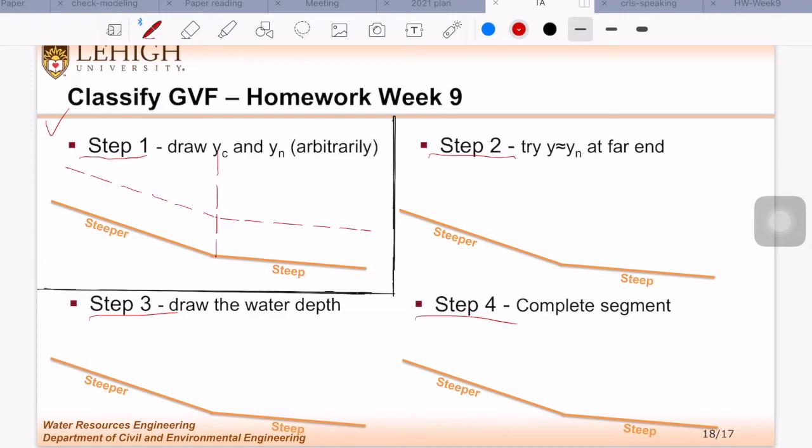I use a red dashed line to represent the critical depths.